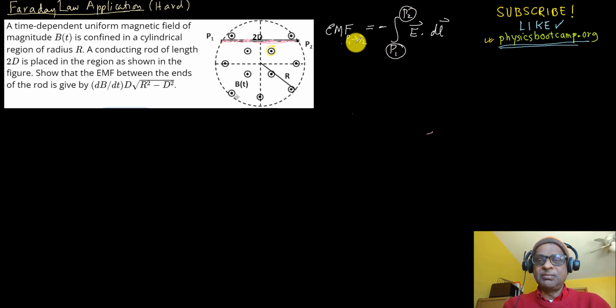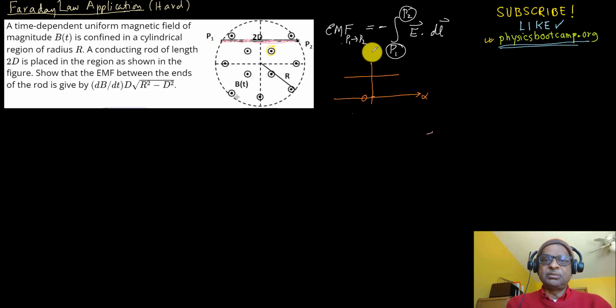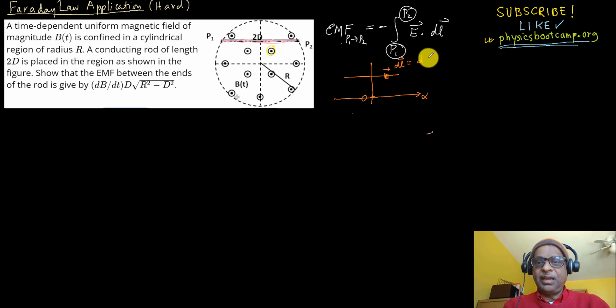So this is an integral. Say this is O, and this is the x-axis, and this whole thing is along the x-axis. So if this is a dx, then dl will be like dx i hat.